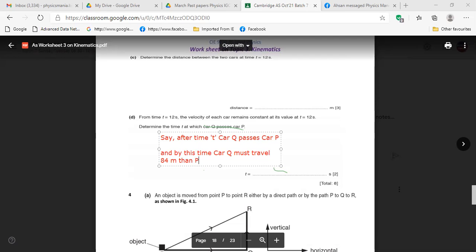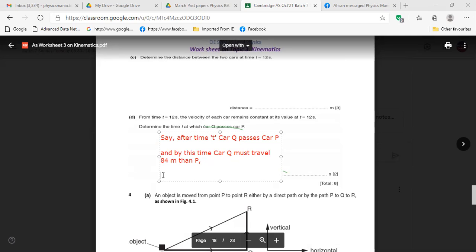Q is now Navid, okay, and Farhan is P, isn't it? So Farhan's speed will be how much?